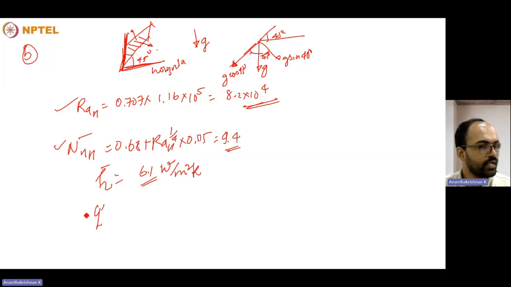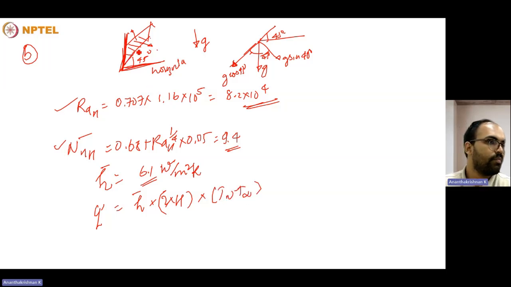Therefore, the new heat transfer rate will be h into 2 into the sides, h into (T minus T infinity). If you take a unit distance in this direction, both sides of this plate will be participating in natural convection.